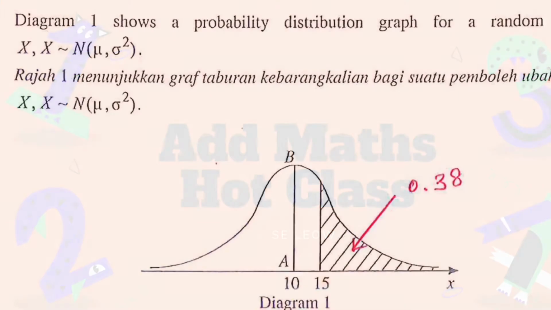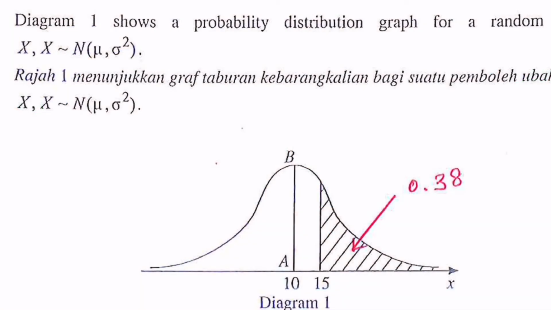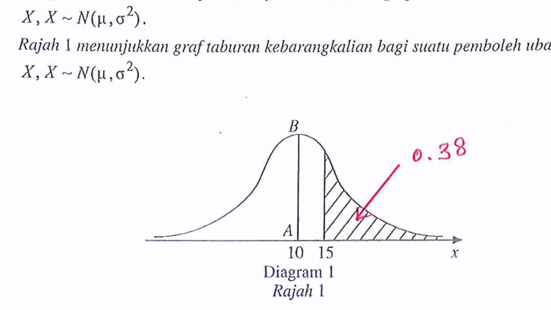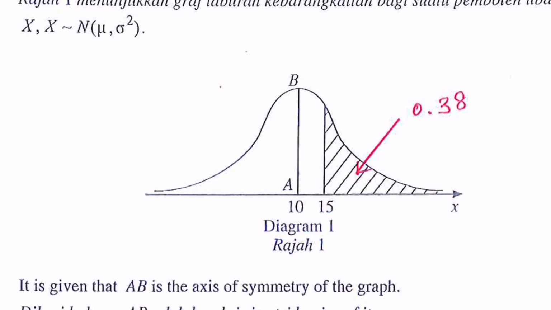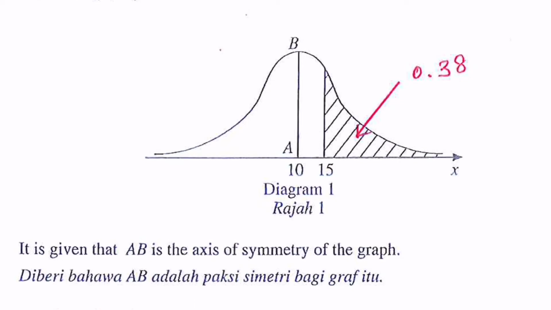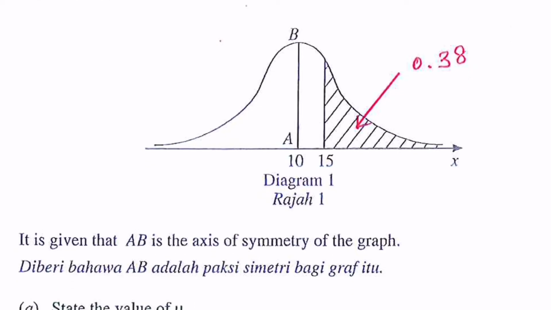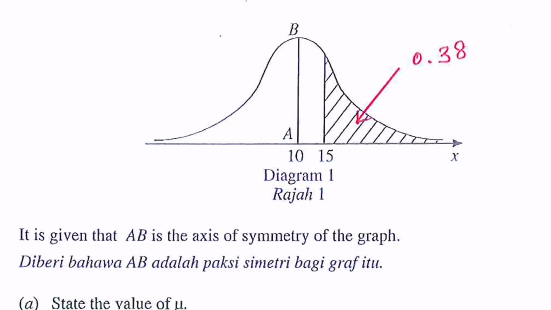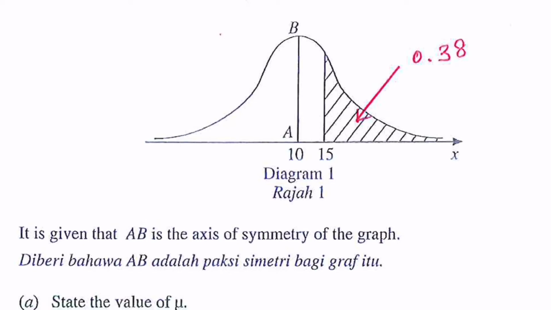Hey to all the Form 5 students, how are you? Okay, so today we want to solve the probability distribution graph for the random variable x, mu and variance. If we are given x, the variable is not the standard one, so the data at the center is actually the mean.